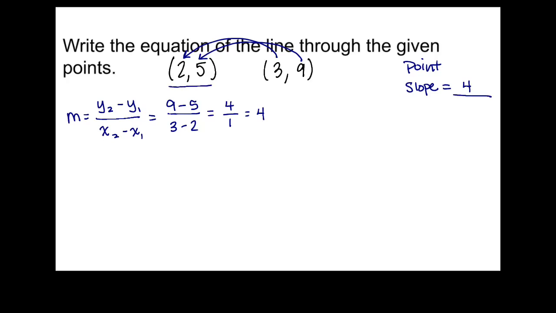And then you can use either one of these points as a point that the line goes through, and you should still get the same answer provided that you do the math correctly. So I'm just going to pick one. There's no reason I picked the one I picked. So we would do y minus the y value, which is 5, equals the slope times x minus the x value.